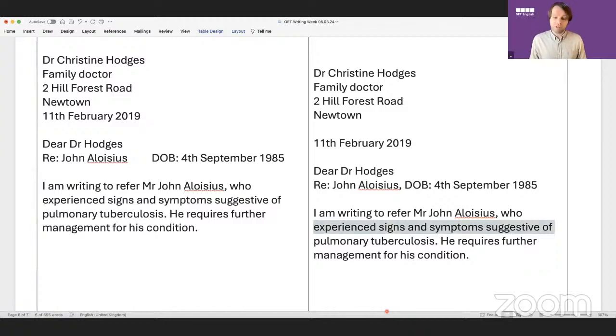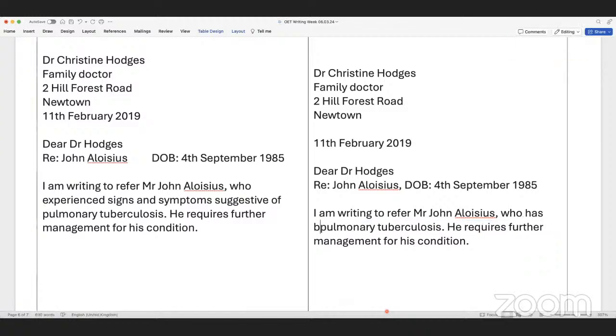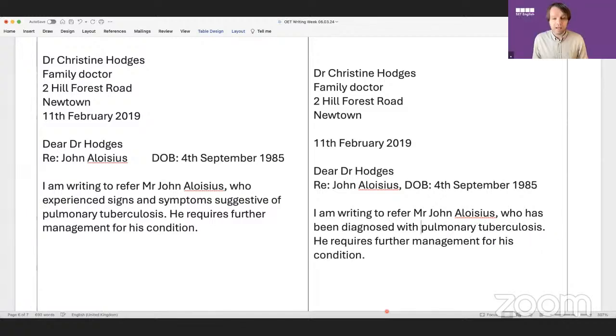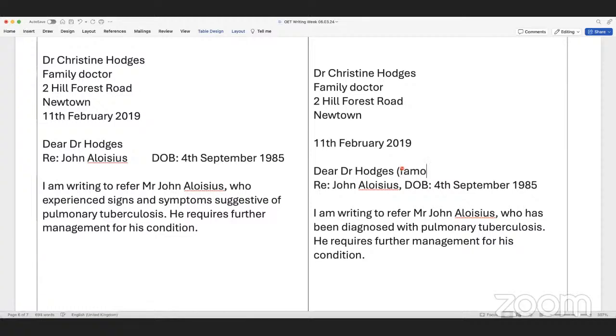So, how would you say it, Carolina? Who has been diagnosed with... Yeah. Is there another way? I have another question. Go on, Carolina. Family doctor Christine Hodges, family doctor, we can say that in the second line.